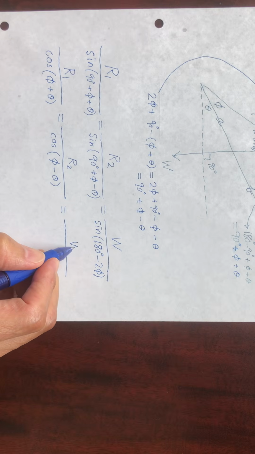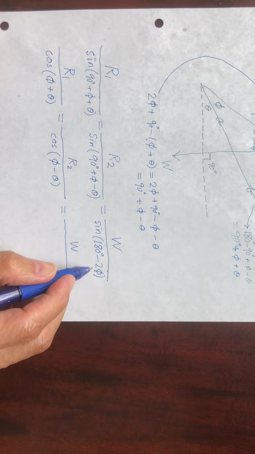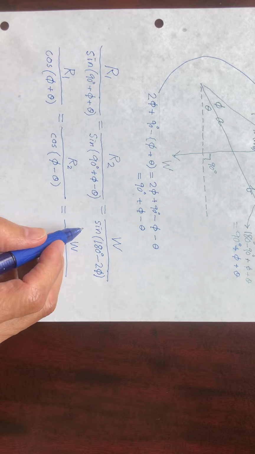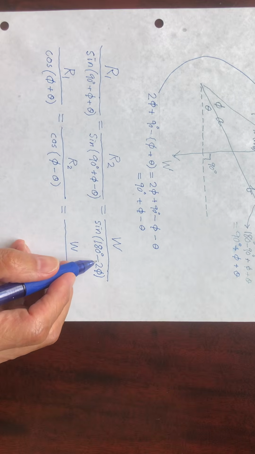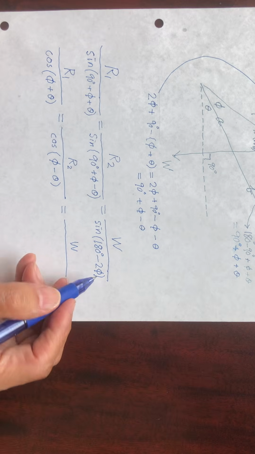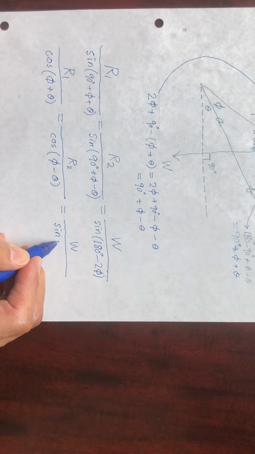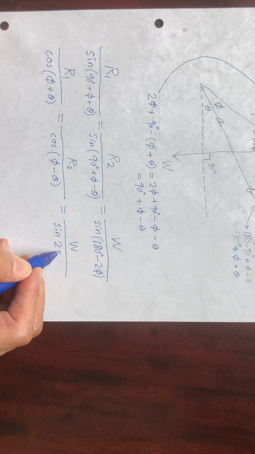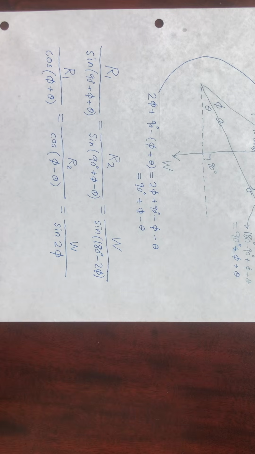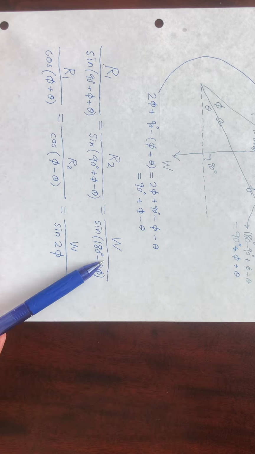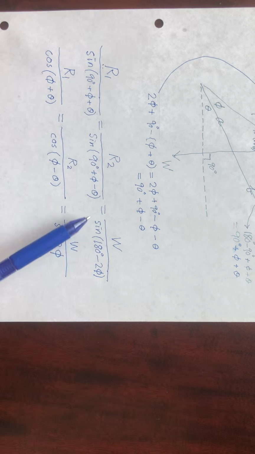Equals W over sine 180 minus that. Then there is another identity. Sine 180 minus that is just sine 2 phi. Okay, I have Lami's theorem, and simplify the denominator, I get this.